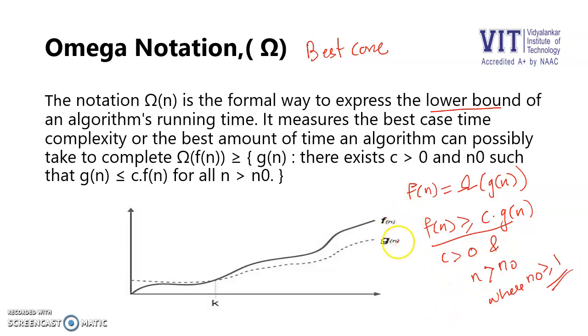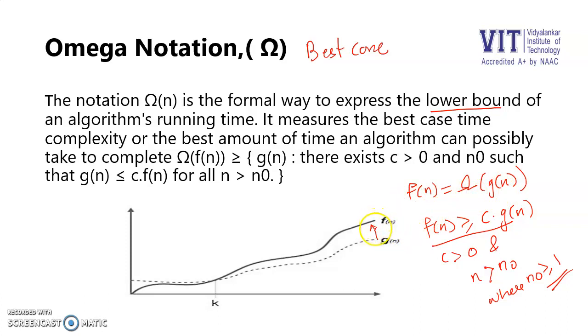Okay. It means that g of n will be the lower bound, where the maximum value of g of n can approach f of n, it cannot exceed. So f of n is always greater than some c times g of n. So it is the lower bound. F of n is omega g of n means the lower bound is g of n.